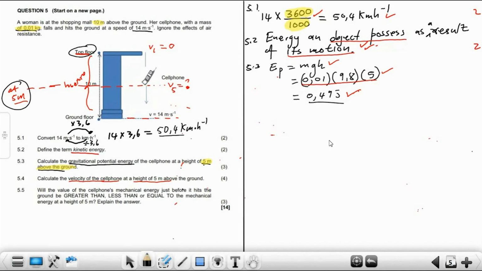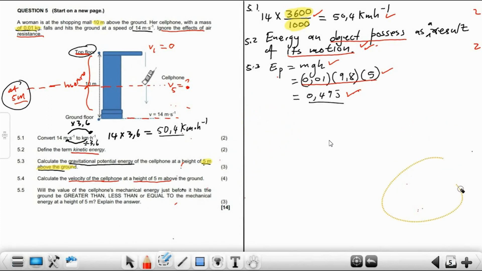The statement says ignore the effects of air resistance. That tells me definitely I must apply conservation of mechanical energy.